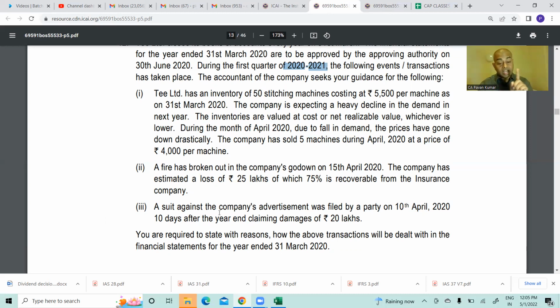A suit against the company's advertisement was filed by a party on 10th April 2020, 10 days after the year end. 10 days after commencement of the year they should give, or make this 2021. Dear ICA, what you want? Hello, Vrinda madam, what to do to this?